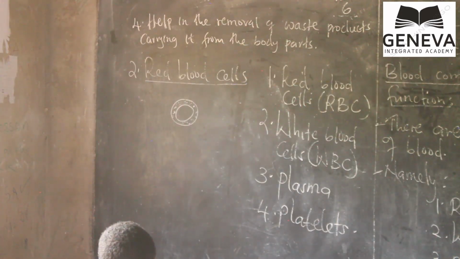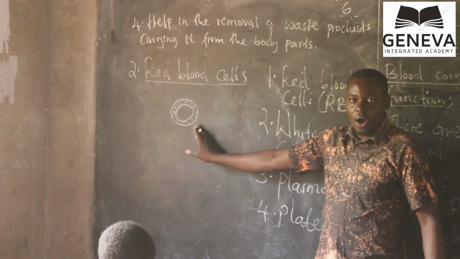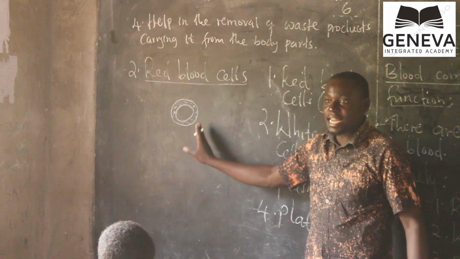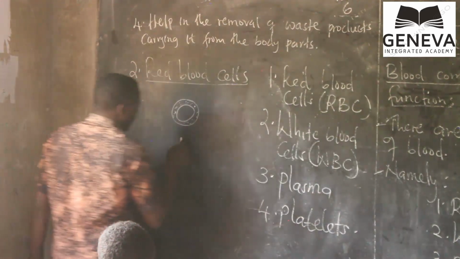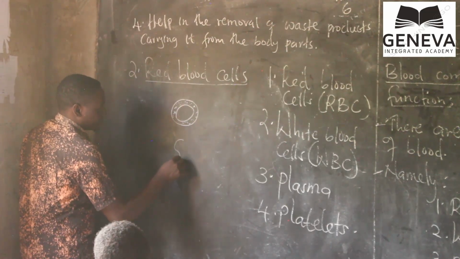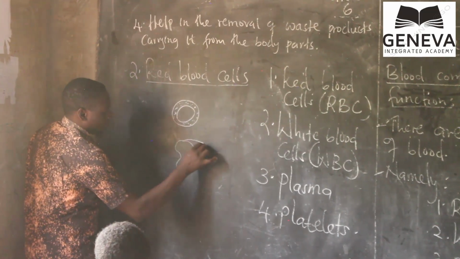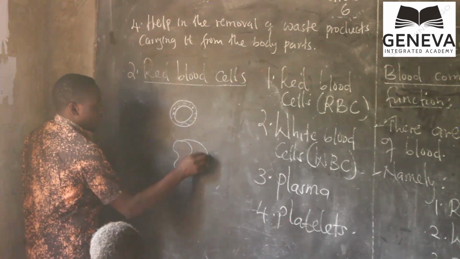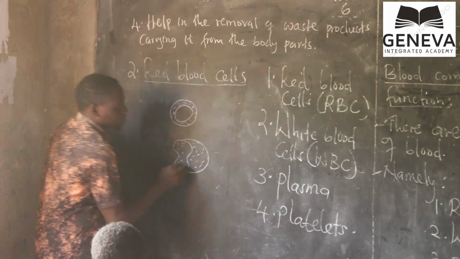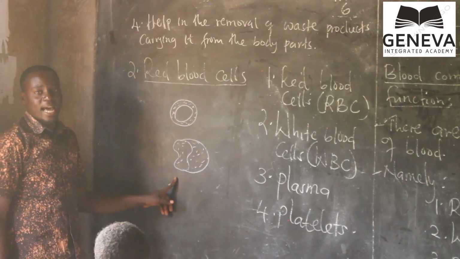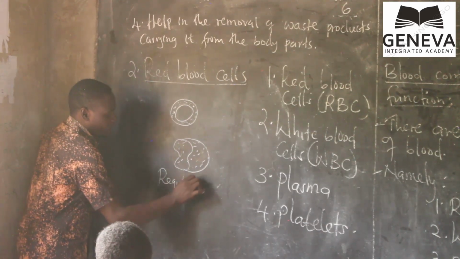You understand? So this one is the shape of a red blood cell. And again, a red blood cell can be drawn in this shape. That's also the shape of the red blood cell, and it is regular in what?